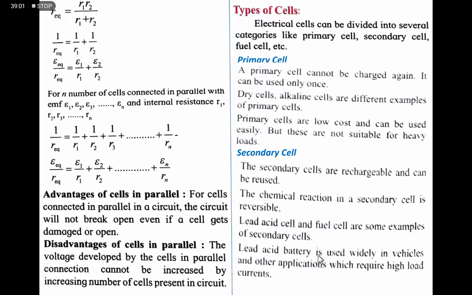Lead acid batteries are used widely in vehicles, in our cars and motors. The batteries there are lead acid batteries. When the vehicle starts and runs, it recharges automatically. So secondary cells are rechargeable cells, and the last one is the fuel cell.